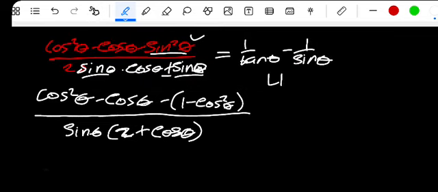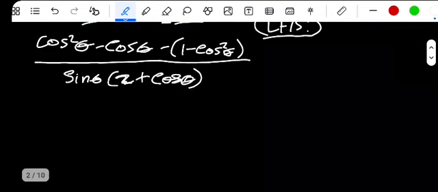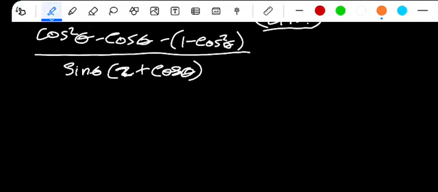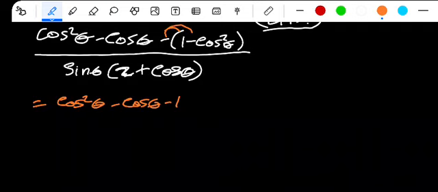So on the numerator we still have cos squared theta minus cos theta. Distributing the negative gives minus 1, and distributing again gives positive cos squared theta.